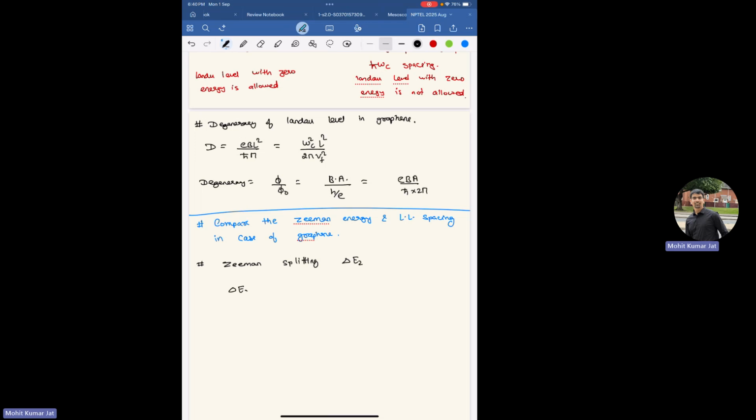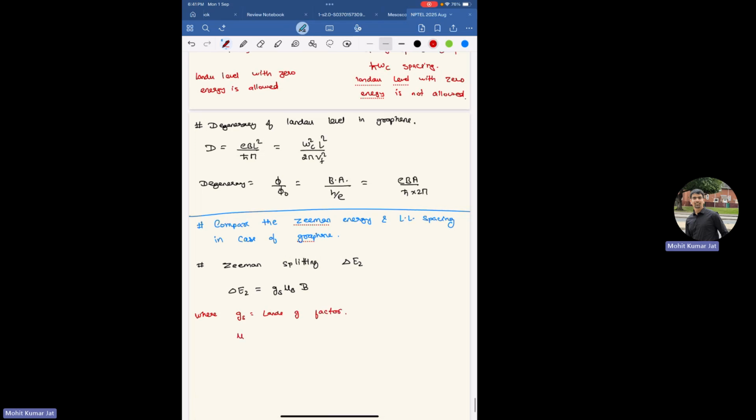So this delta Ez will be given as gs mu B times magnetic field, where gs is the Landé g factor and mu B is, we all know, the Bohr magneton e h bar by 2 mass of electron.